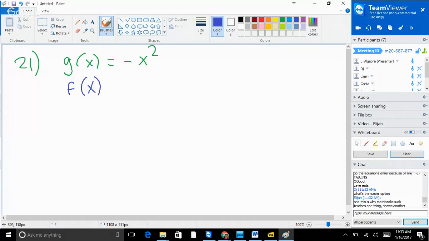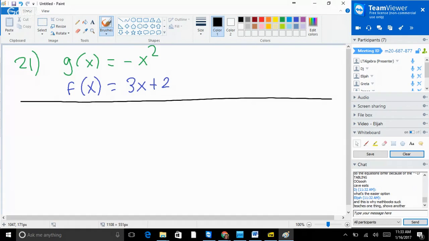The book is different. Okay, f of x equals 3x plus 2. So what they want to do in number 21 is they want you to find g of f of 2.